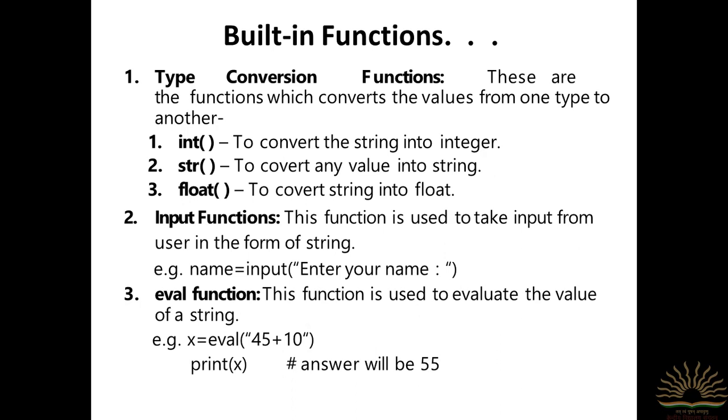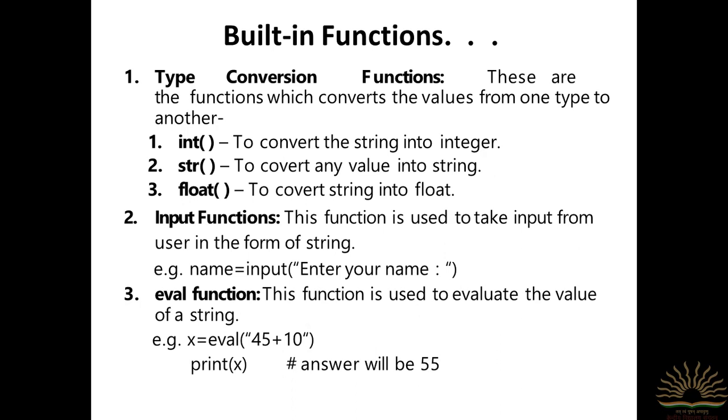Normally 45 and 10 are strings and plus is a joining of two strings, that is a join operation. But when we use eval, the 45 and 10 are automatically converted into integer values and added with the plus operator. The total value will be 55, and 55 will be assigned to x. If you print it, it will be 55.